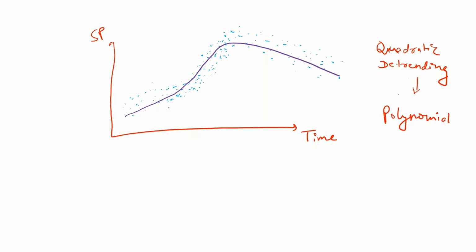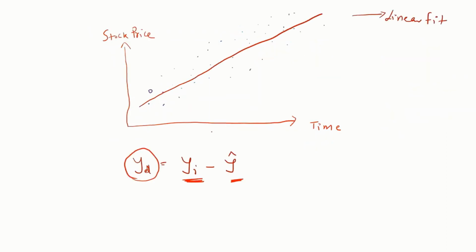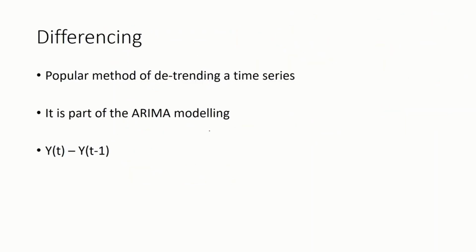And for that kind of series, you will have to use quadratic detrending or some sort of polynomial detrending. Here is an example where you see that a straight line will not fit the data. But the way you get your detrended values is exactly the same as the formula that I showed you in the previous slide.